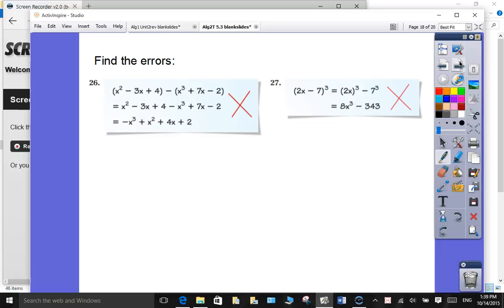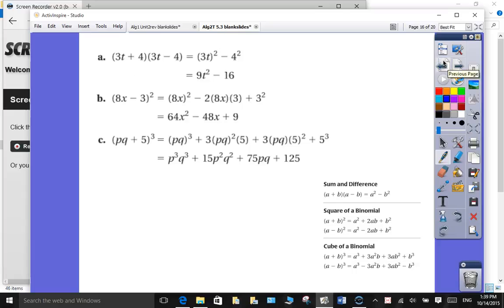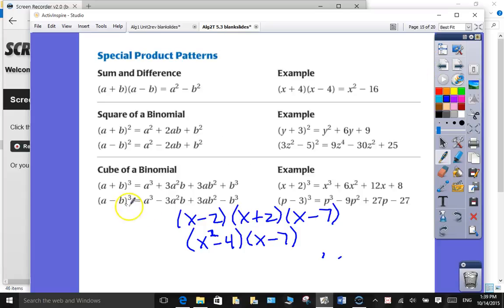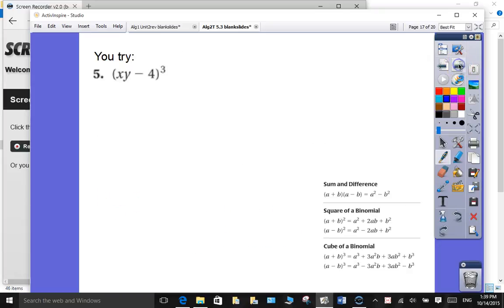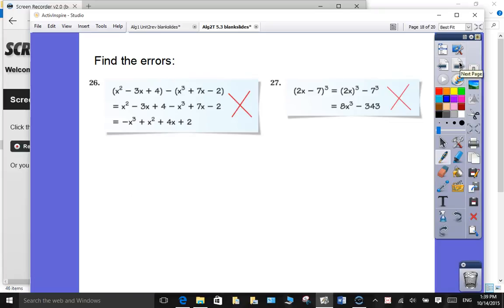So if we look at the special pattern again, look at the bottom there. Whether it was a plus b or a minus b, there was 4 terms on the right. What does it look like they did in this error? They just cubed the first term and the last term. They didn't do the other 2 terms. Which, by the way, we tend to do that a lot. Even we'll get x plus 2 squared, and a lot of students will write x squared plus 4, and they forget about the middle term.